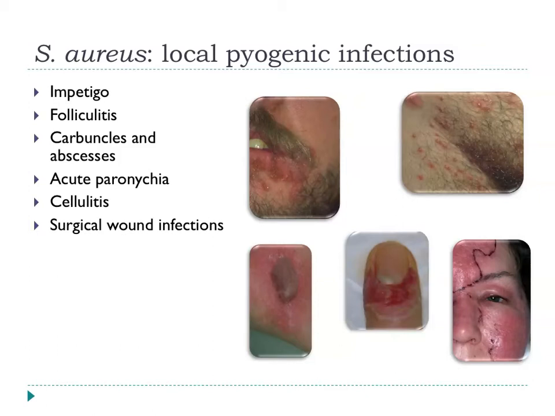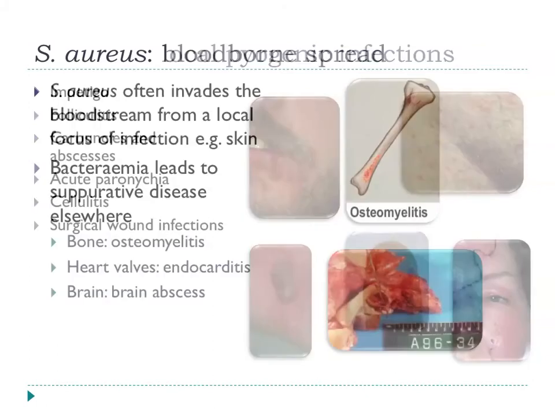An acute paronychia is where you get infection around the nail bed, and you can get cellulitis, surgical wound infections, where you get this spreading of this red and angry area around a wound, or here there's a leg ulcer that's actually been infected.